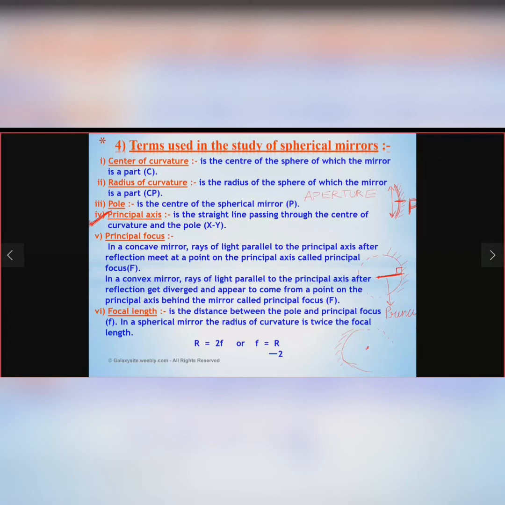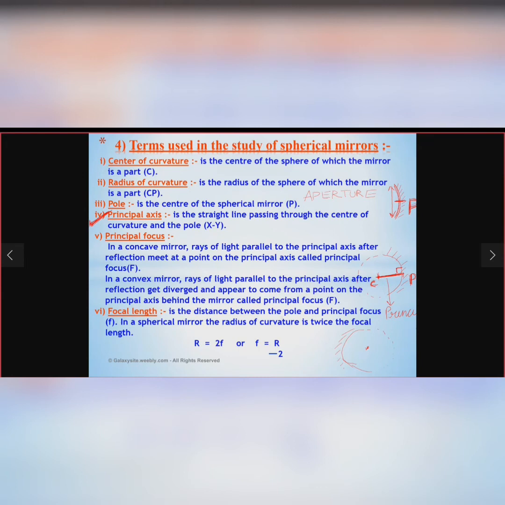Whenever we are drawing ray diagrams, we will keep our object on this principal axis. Now, the distance between pole and center of curvature, what do we call this?